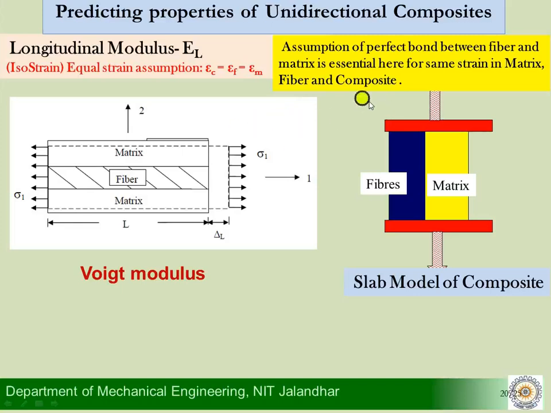Okay. So moving forward, what people have been doing is analyzing unidirectional composites in the form of a slab model. So what is the meaning of the slab model? We say that the total composite can be represented theoretically as one slab of matrix, which is the yellow portion here, and then all the fibers combined together is the blue portion.